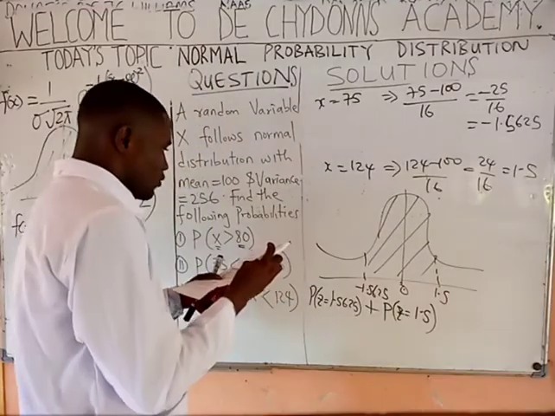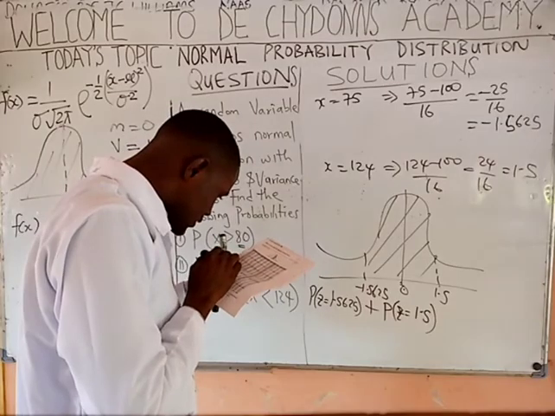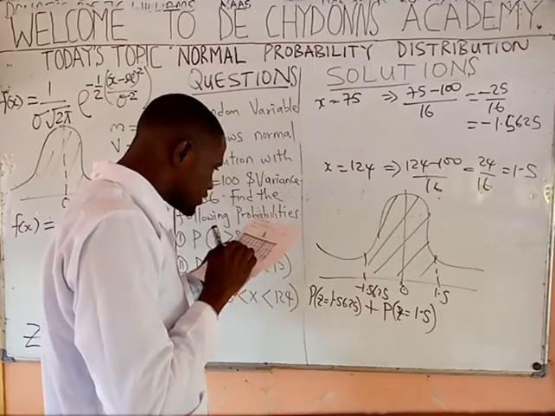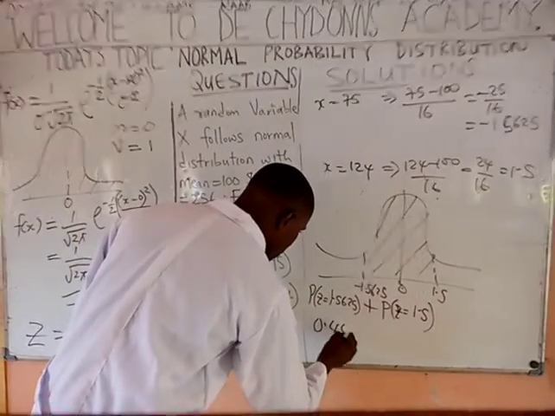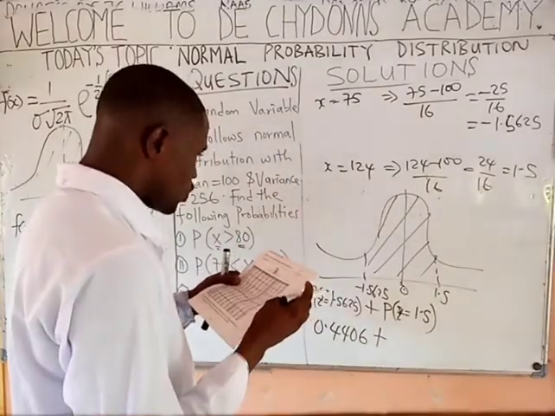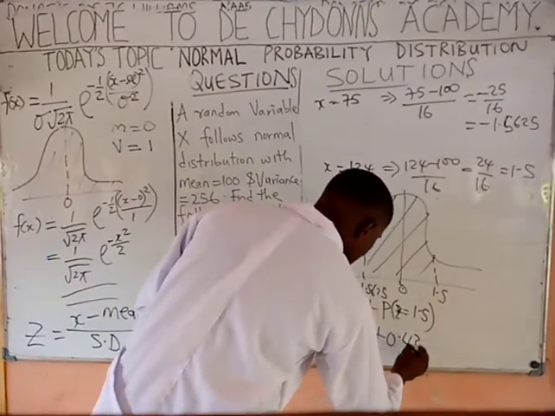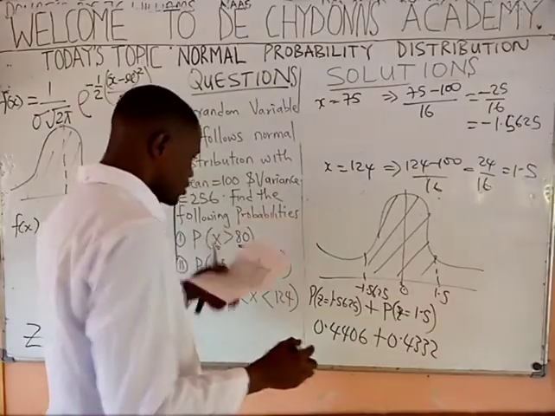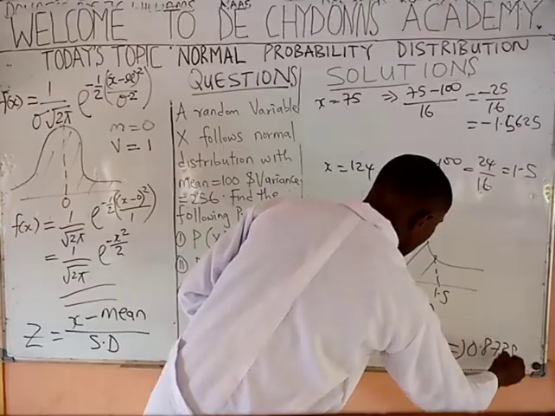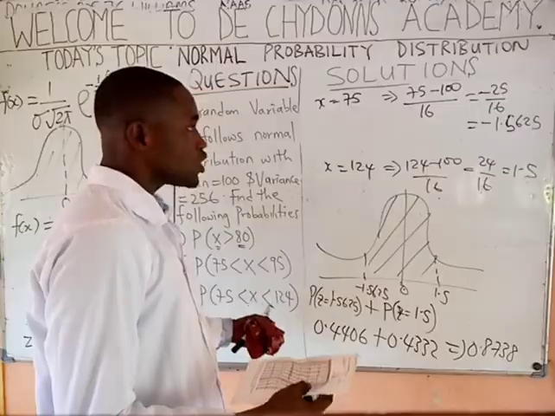That will be, when z is 1.56, we'll be having 0.4406, plus when it is 1.5, you'll be having 0.4332. Then when you add the two, it will be giving you 0.8738. Yes. So we have finished solving the question.